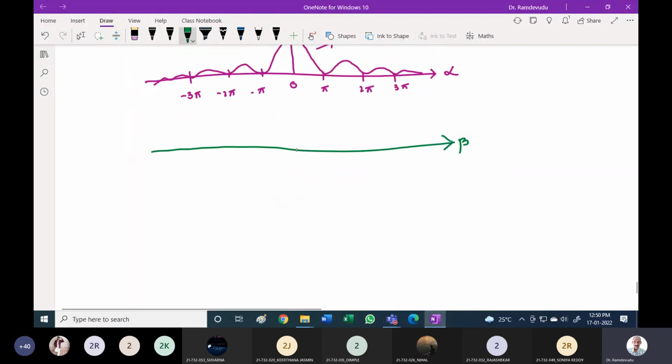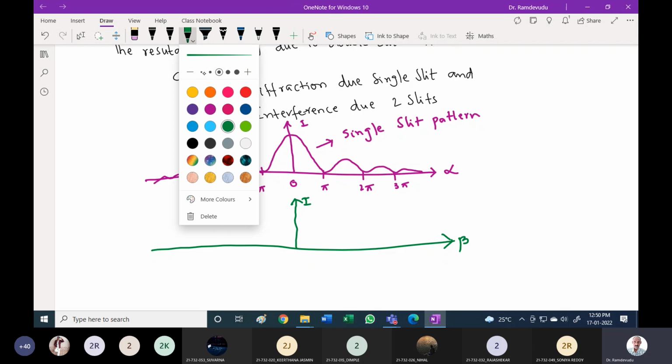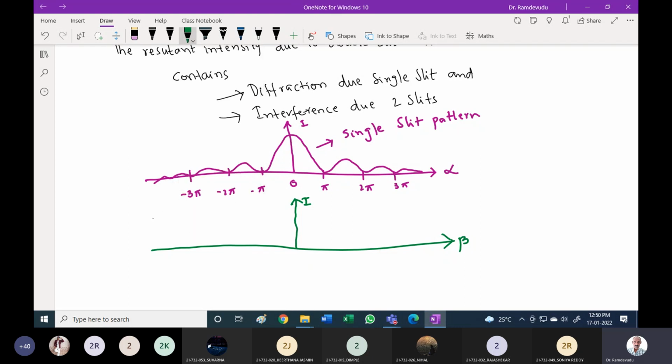If I want to draw the diagram for this, I am taking here the intensity I again. But you know that the interference pattern will have alternate dark and bright fringes of equal intensity. That is most important. Therefore, each of them should be of equal intensity.